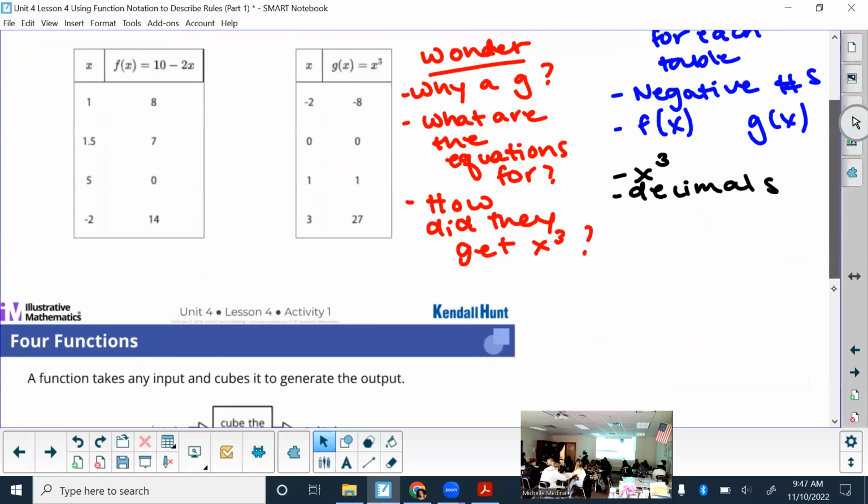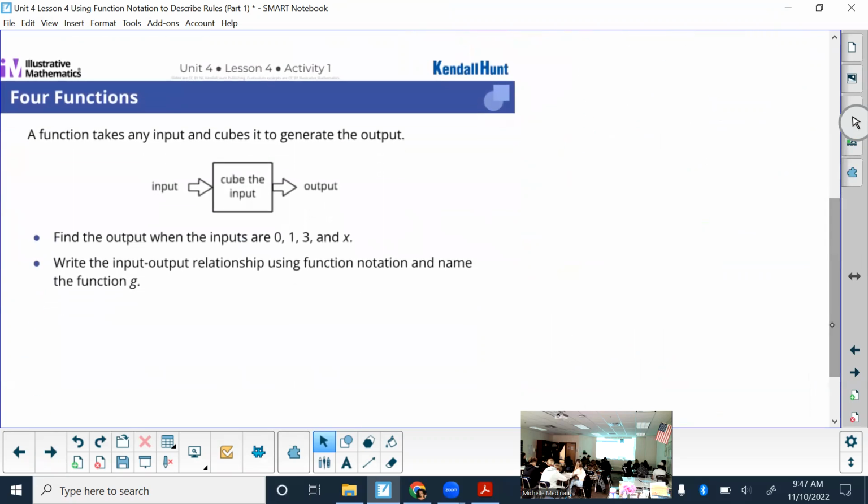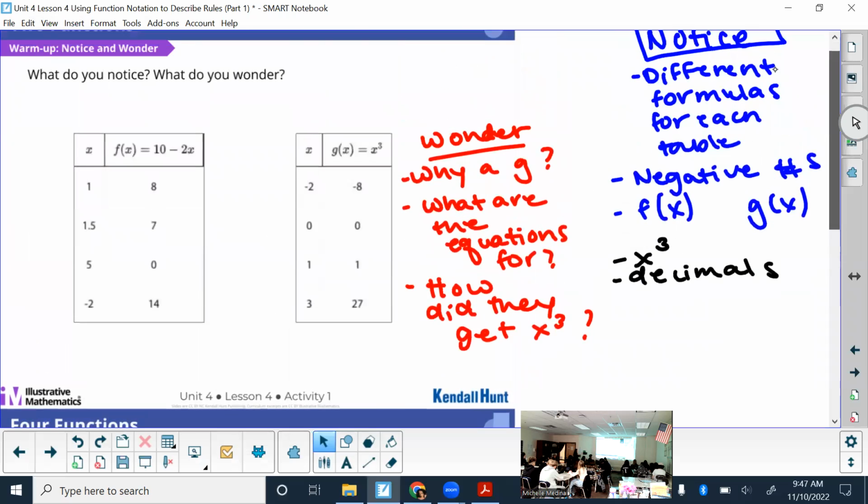All right, now let's go on to the first activity, which is printed on your paper. We have a function that takes any input and cubes it to generate the output. So also in the warm-up, we do have something being cubed, so that's what we call anything to the power of 3 is cubing it. What does it mean to have something to the power of 3?